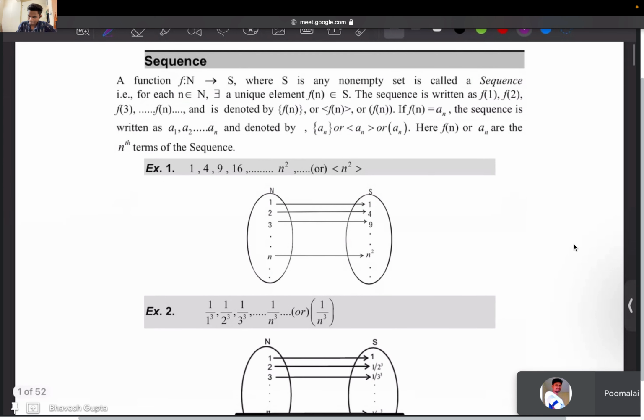Okay, let's start then. So we have a definition of sequence here.